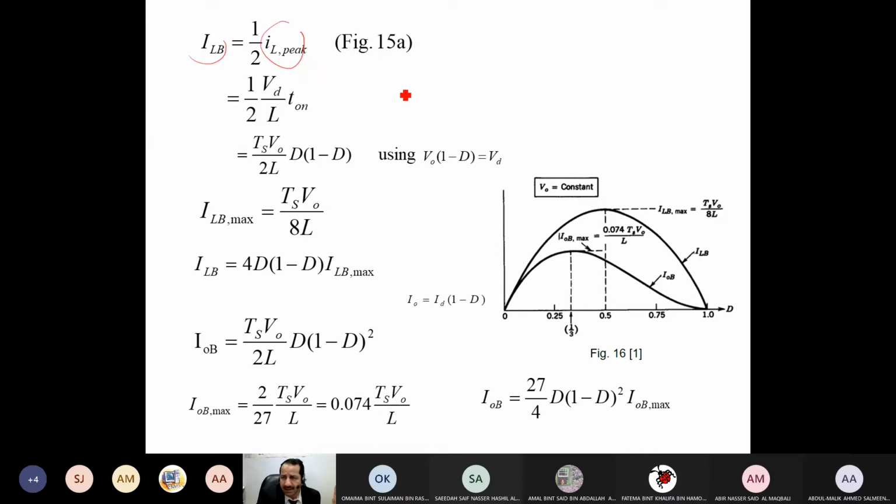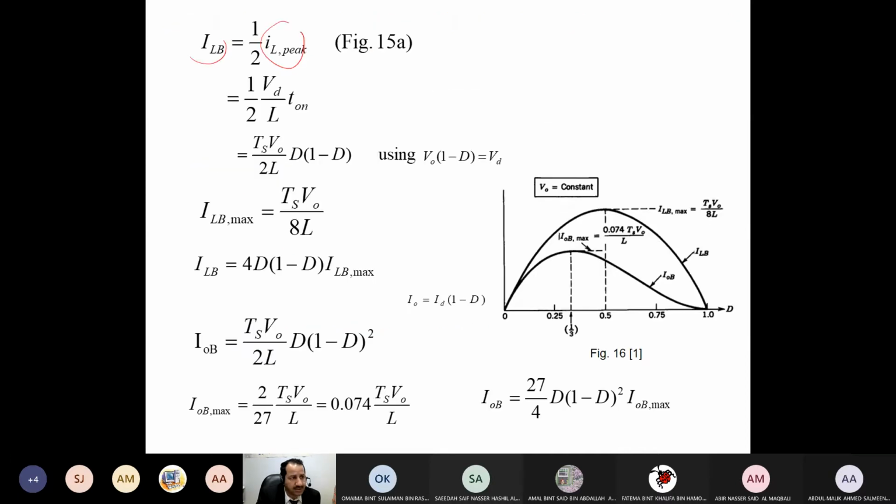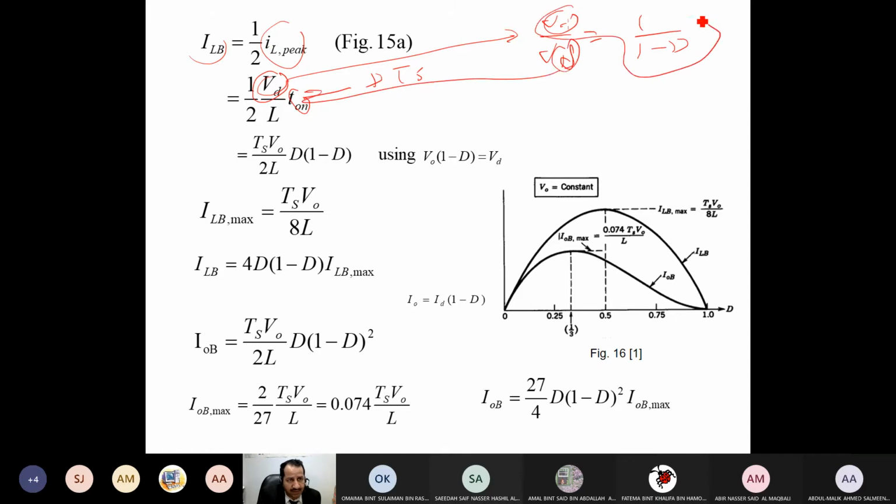IL is half I peak, and if we look from this side, okay, this is VD times T on, and T on is DTs. So I substitute, okay? And rather than using VD, I will convert it into VO, because VO over VD equals 1 over 1 minus D. So I can substitute VD here in terms of VO.